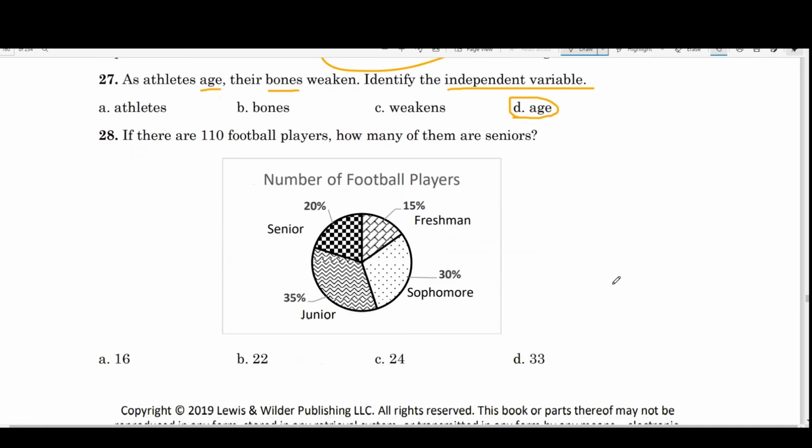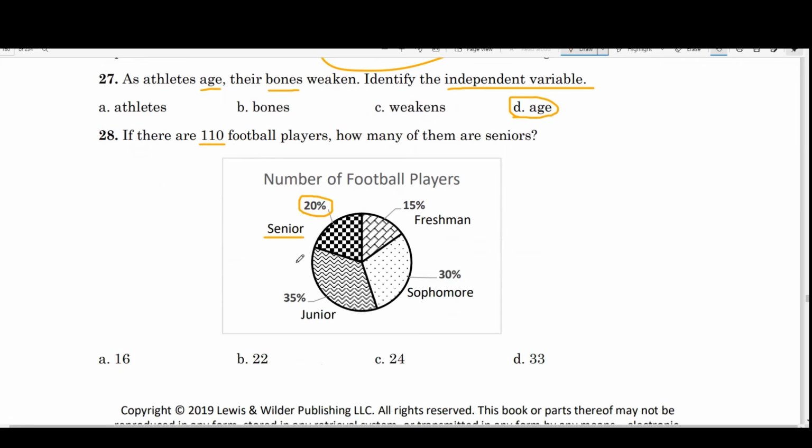We have a graph. It says, if there are 110 football players, how many of them are seniors? So we take a look at our graph. Our graph is broken down into percentages. First things first, we need to locate the seniors, which are here, and they make up 20% of the football players. But we want to know, based on our total, which is 110, how many actual seniors are there?